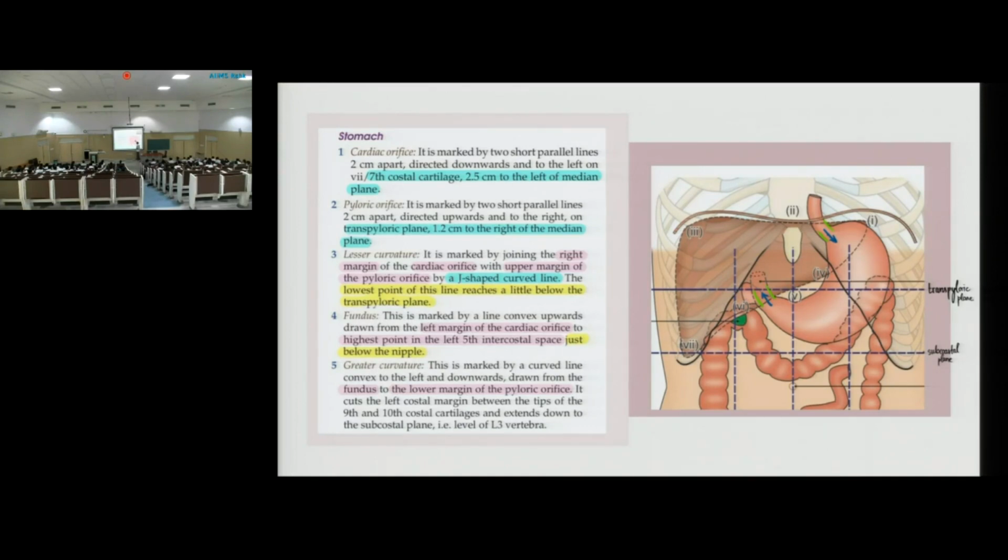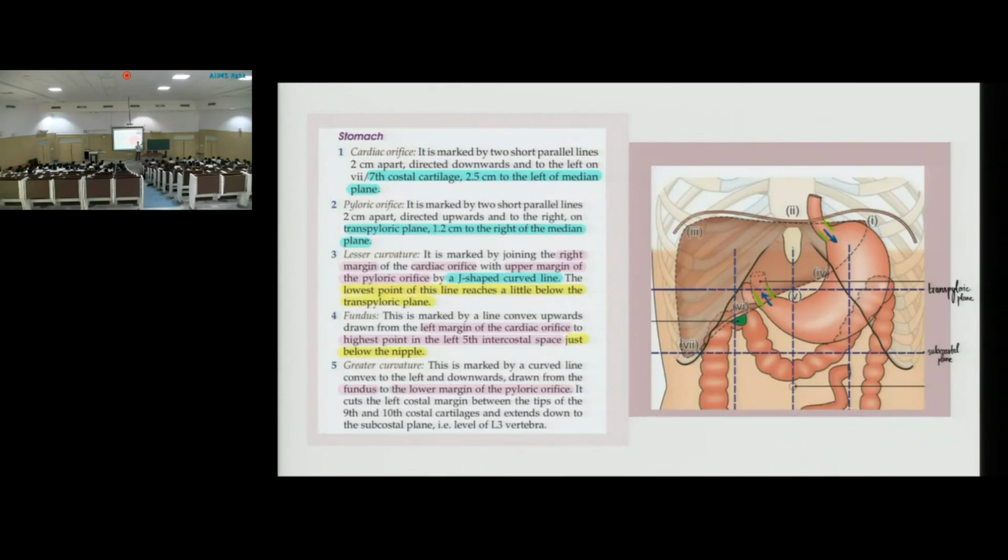J shape. The lowest point of the line reaches a little below the transpyloric plane. If the end point is on the transpyloric plane, the lowermost point lies below it. Three parts cleared: cardiac orifice, pyloric orifice, lesser curvature.